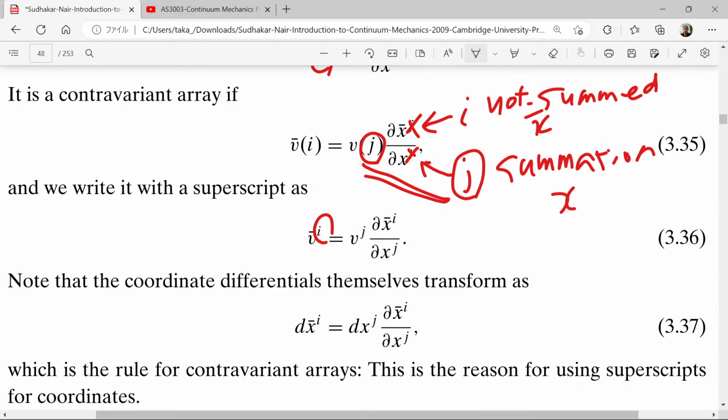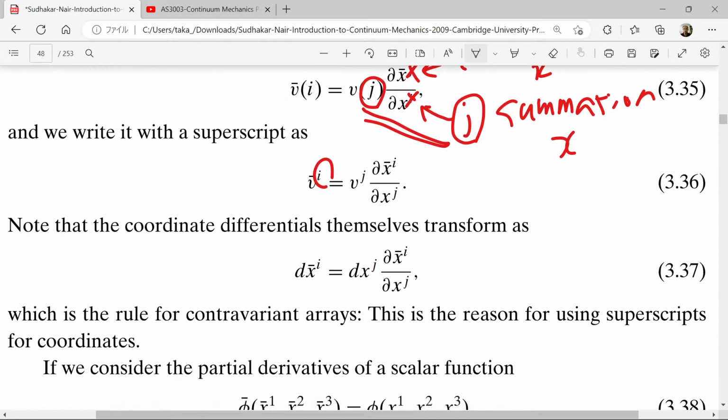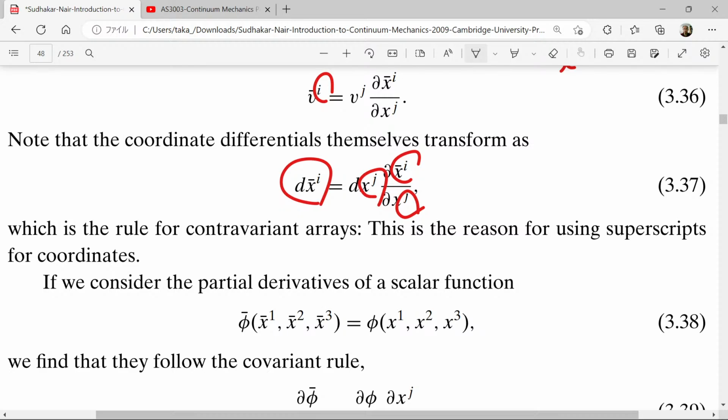We write it with a superscript as this. Note that the coordinate differentials themselves transform as... so this transforms like V. So we have bar, so you have bar upstairs, which is the rule for contravariant arrays.